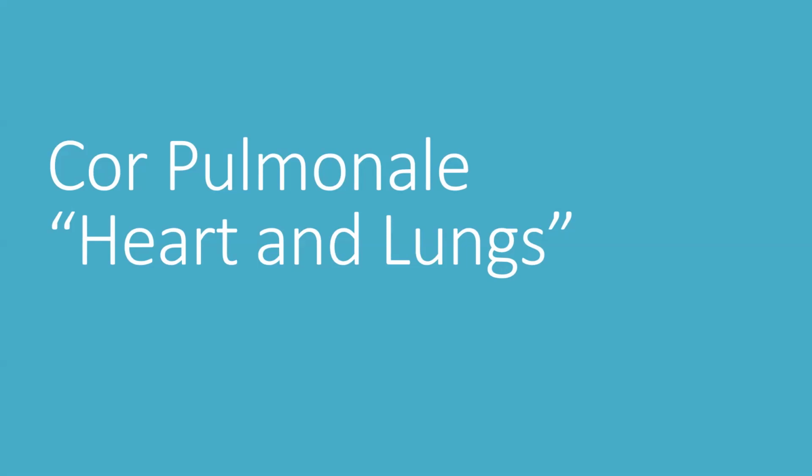Cor pulmonale is a condition that results from pulmonary hypertension, which causes the right side of the heart to enlarge because of the increased workload required to pump blood against such high resistance through the pulmonary vasculature. So essentially what that means is you have all this blood coming back to the heart on the right side.